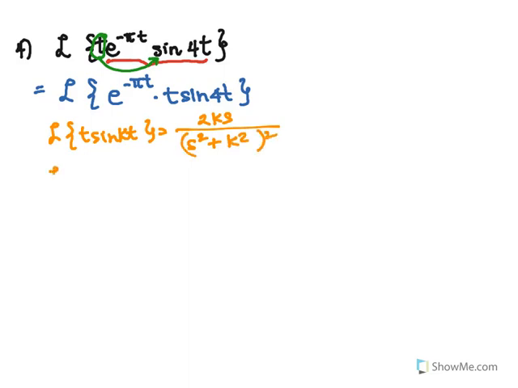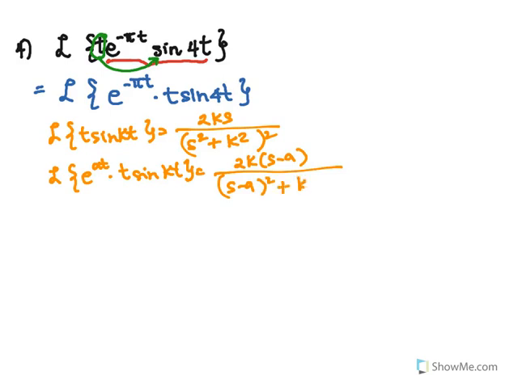So the Laplace transform of e to the at times t sine kt is equal to 2k times s minus a over s minus a squared plus k squared, quantity squared. Plugging in the constants, from the given, your a is negative pi and your k is 4. From our formula, we just plug in to evaluate.